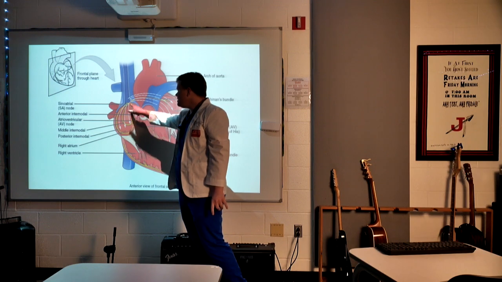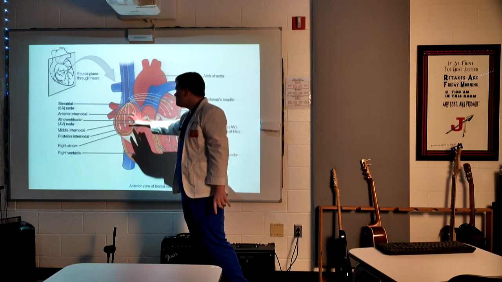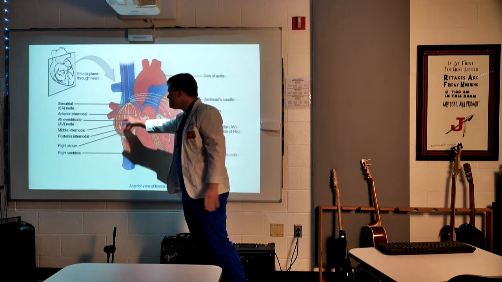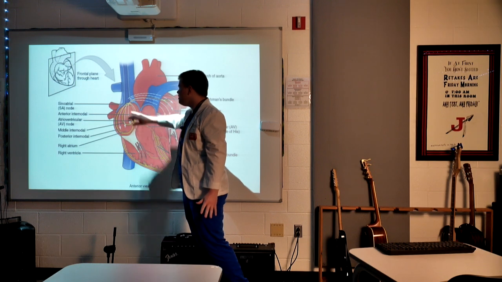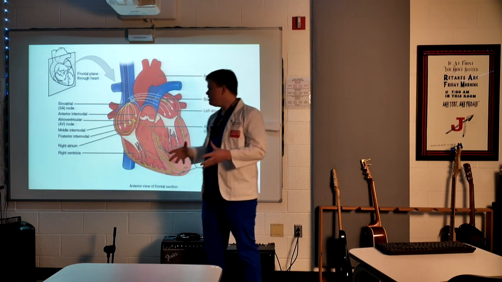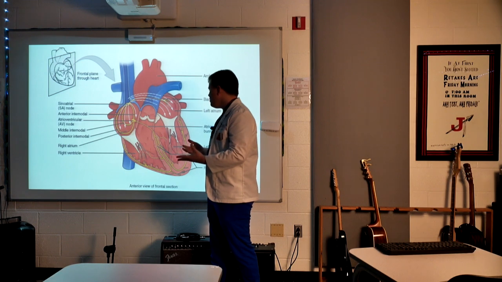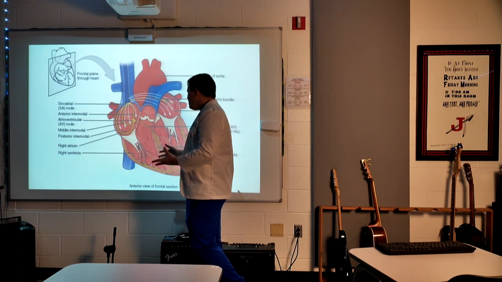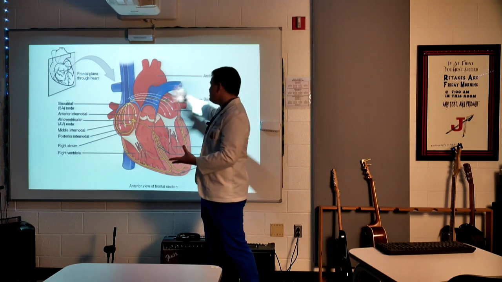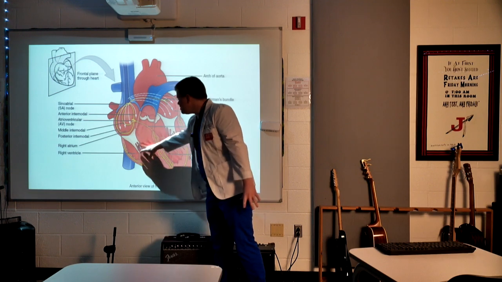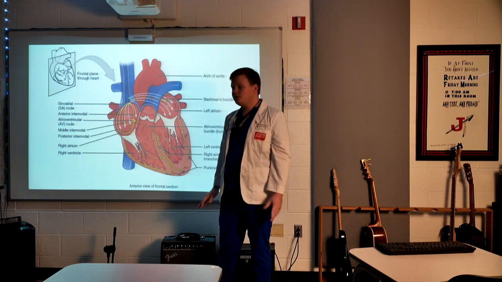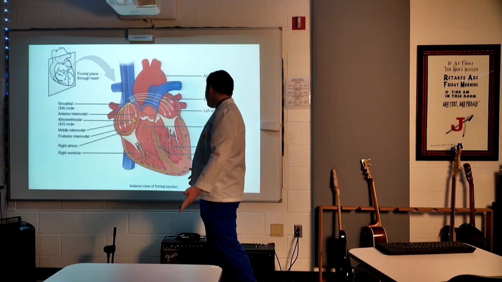After that SA node and AV node contract, along with some various little branches that go throughout, but these are the main points, that atria is going to squeeze because that electrical impulse has already gone through them. But in order for that blood to get to lower portions of the heart and eventually out to the body, it's important for our lower chambers, the ventricles, to also squeeze. So how do we get down there?